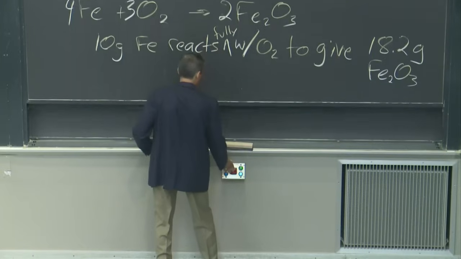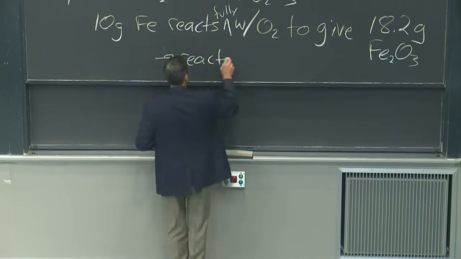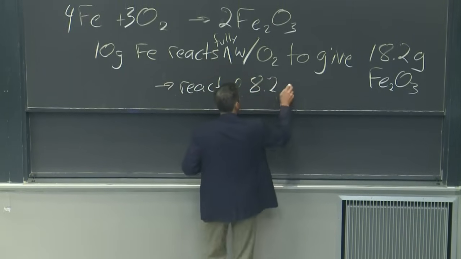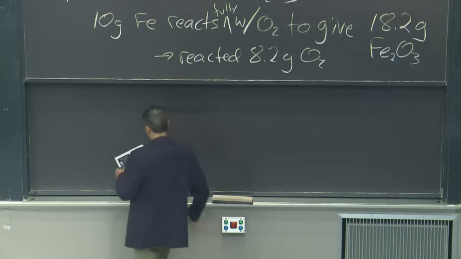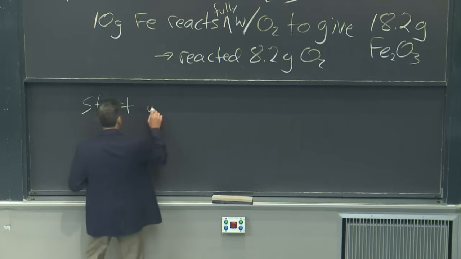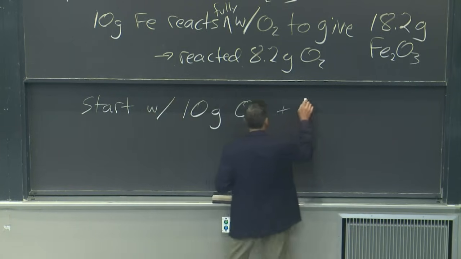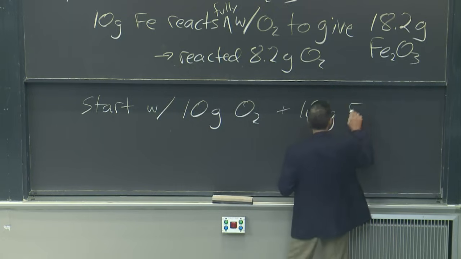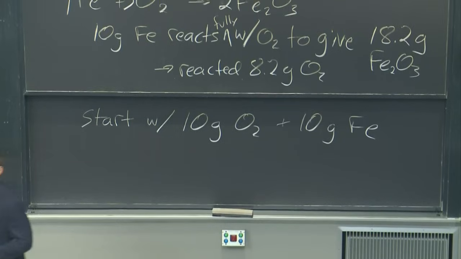But there's another thing, because if I started now with 10 grams of O2 and 10 grams of iron, I'm going to have excess.